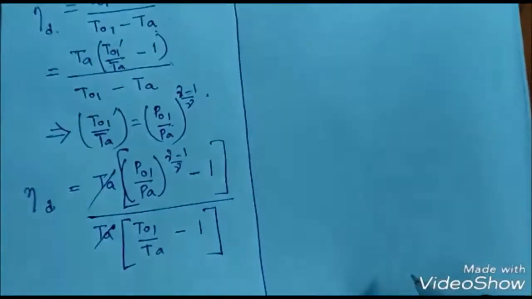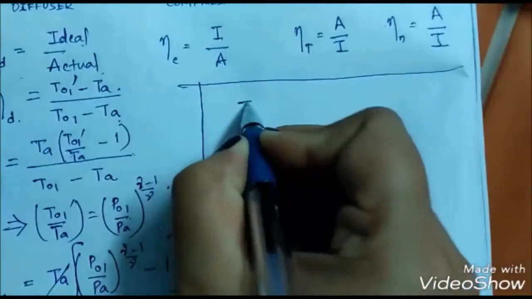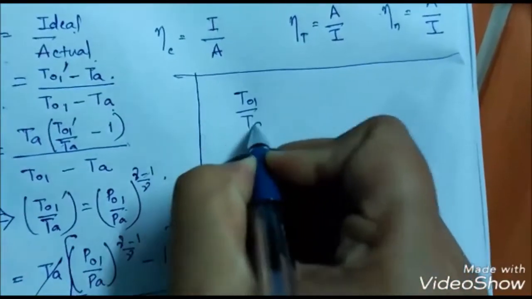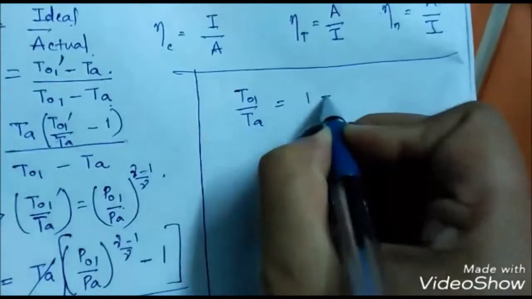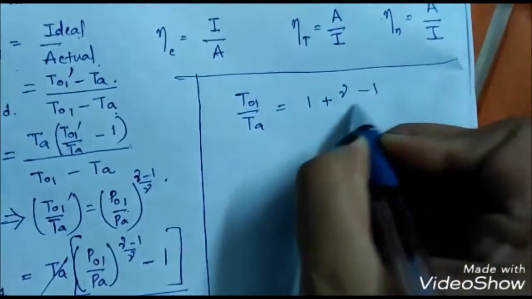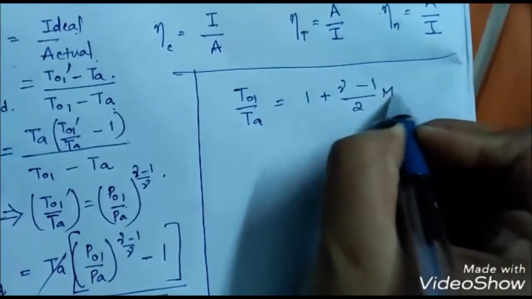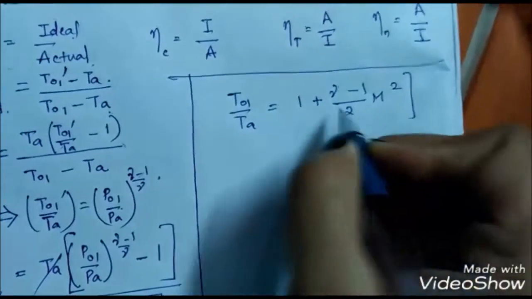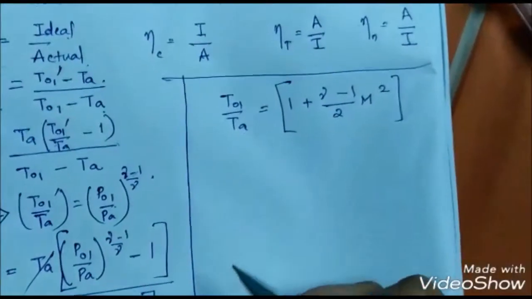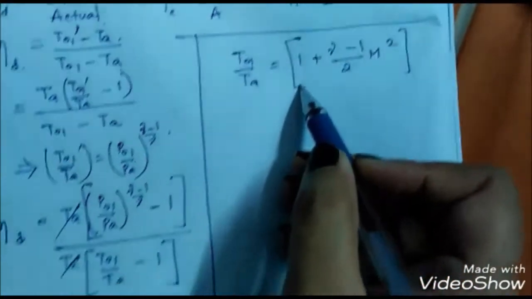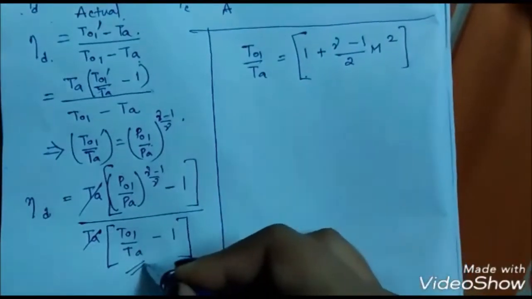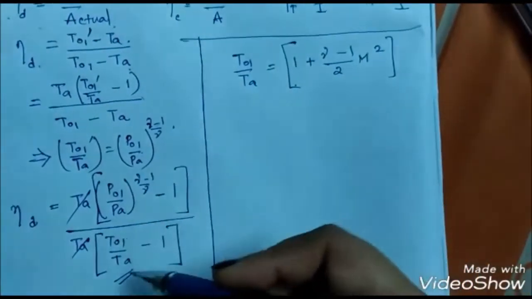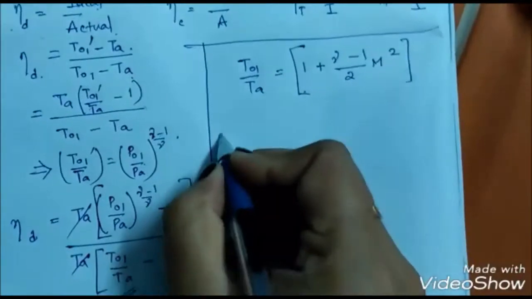Now how can we write this? You will also know that T01 by TA equals 1 plus gamma minus 1 by 2 M square. Now again we substitute this value in this equation. Let's see what happens.